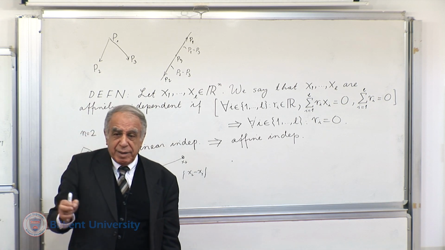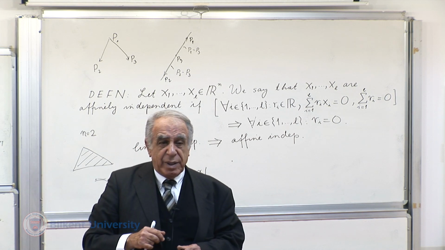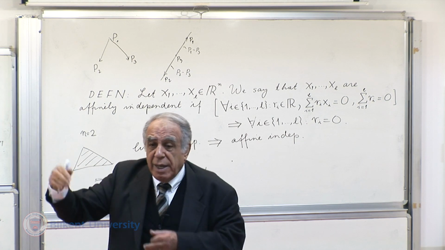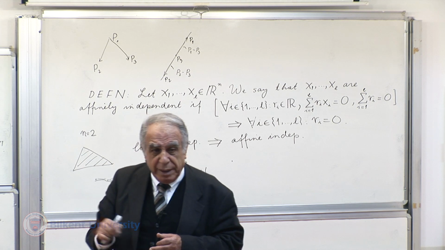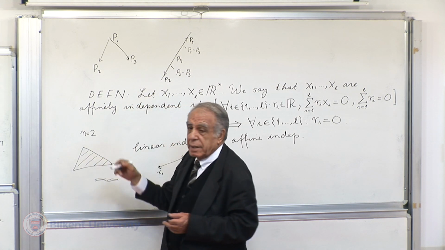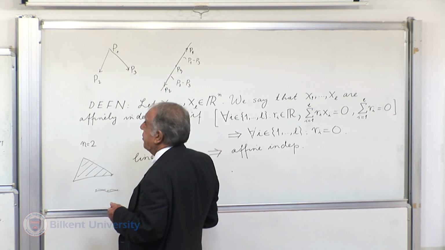We will take one of them, subtract that from the set. How many vectors will you get? N plus 1. So they will have to be linearly dependent in Rn. But here, this is in R2, 3 is the maximal number of affinely independent vectors.